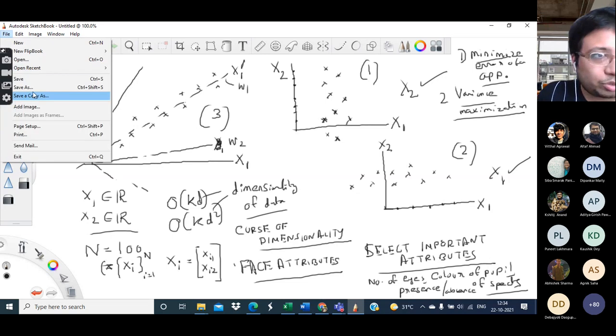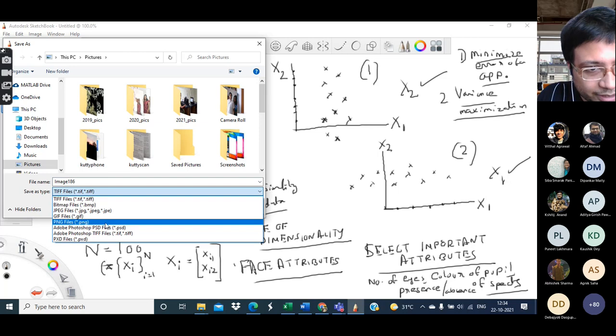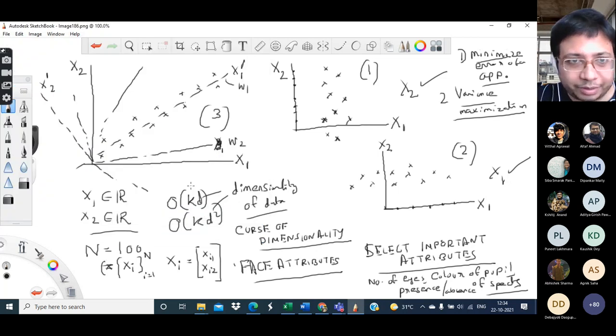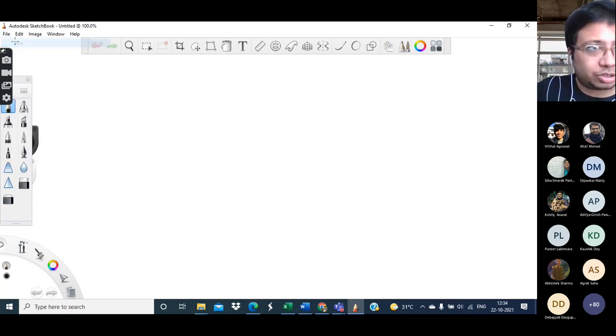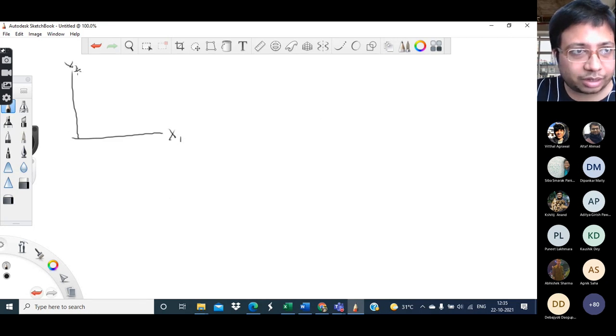Now let us first solve a simple problem in two dimensions. Then we will gradually generalize it to higher dimensions. So let us say that this same data set we are dealing with, x1, x2, the data are arranged like this.